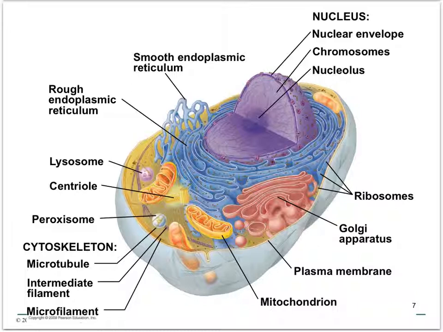This is another great picture of a generic, non-real cell, but it has put in place a better picture of what each of the organelles look like. Now we're going to be looking at everything in this picture. There are a few things in this picture that were not in that first graphic. And we're going to be talking about everything that you see here.